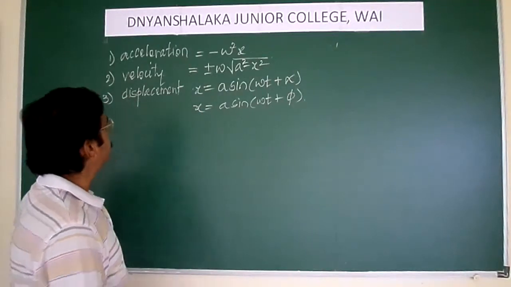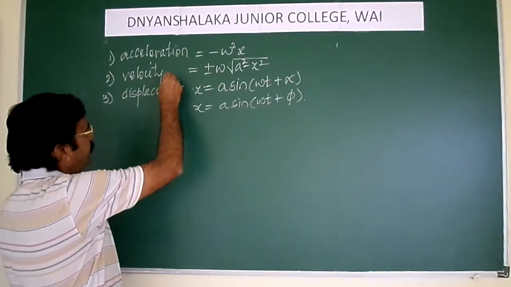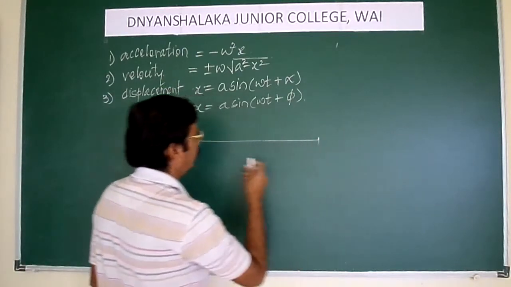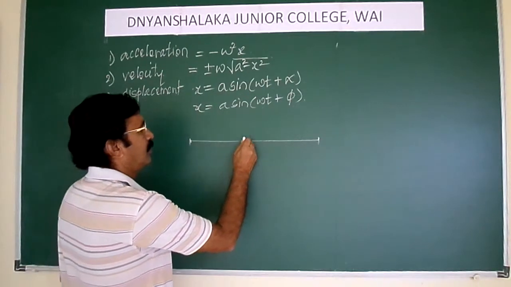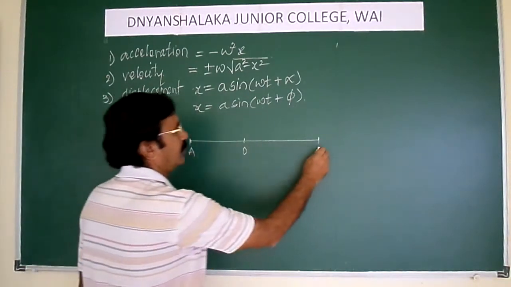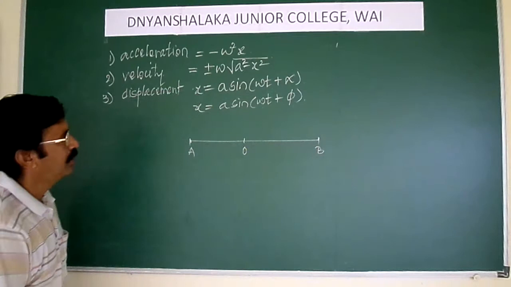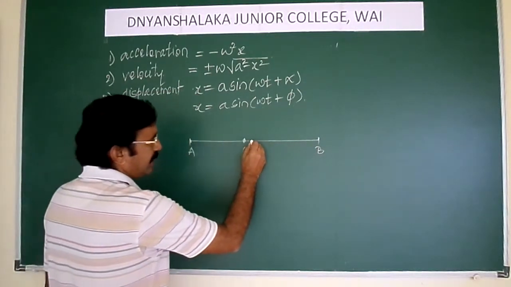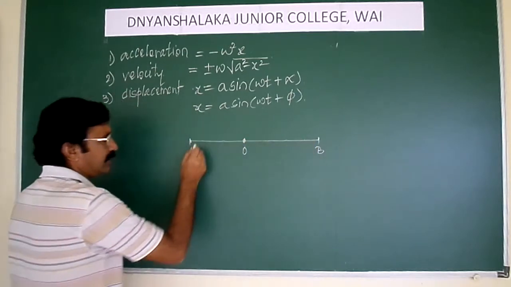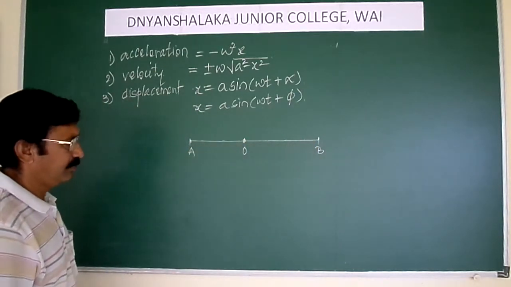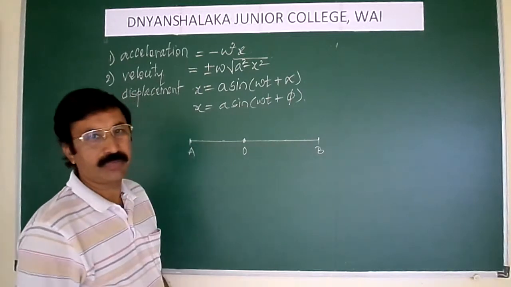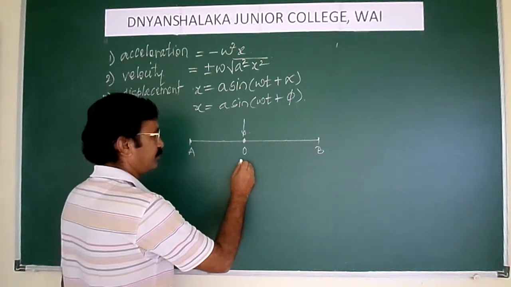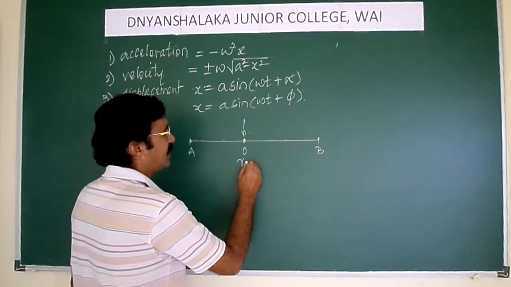With these expressions for acceleration, velocity and displacement, as the particle moves at various positions for the given time interval, when the particle is at the mean position, its displacement is always 0.